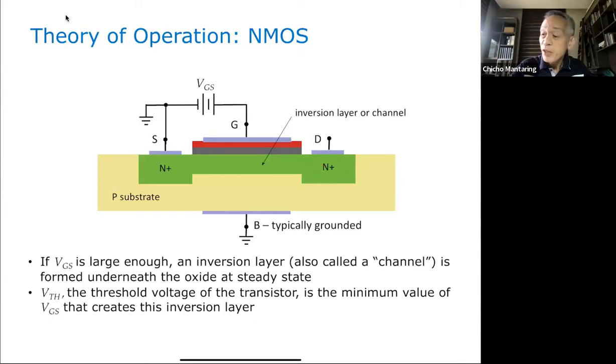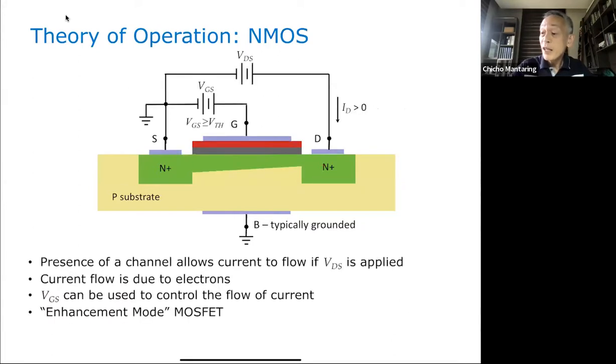So what is the significance of this inversion layer? If we now have that layer and we now apply our voltage here, remember earlier, without VGS, when we applied VDS, ID was equal to 0.